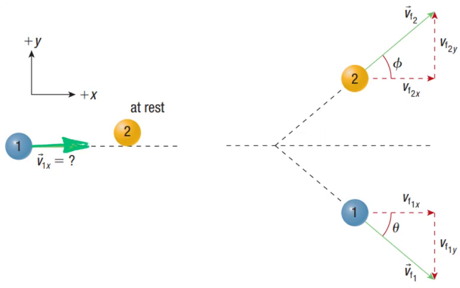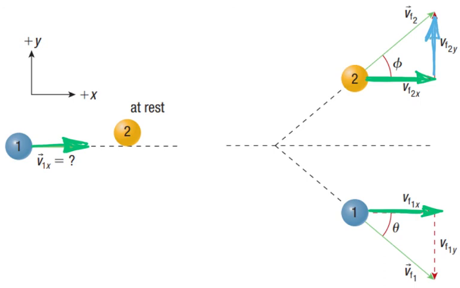If you had both horizontal and vertical, you would have to write the equations for both horizontal and vertical, before and after.